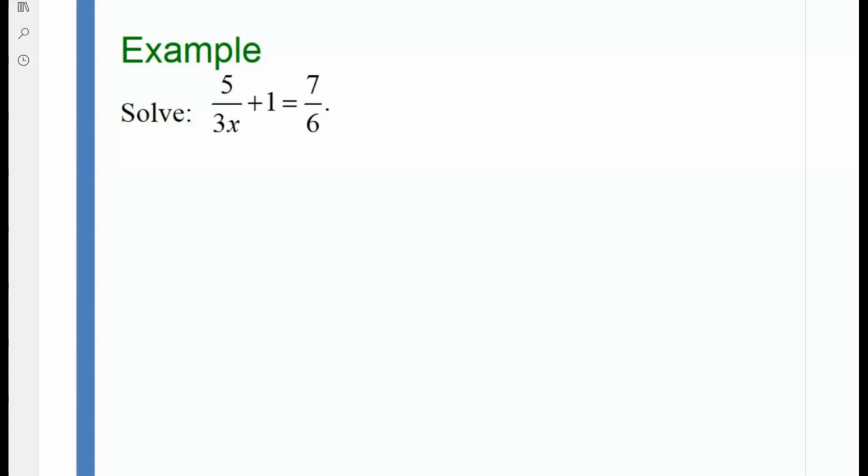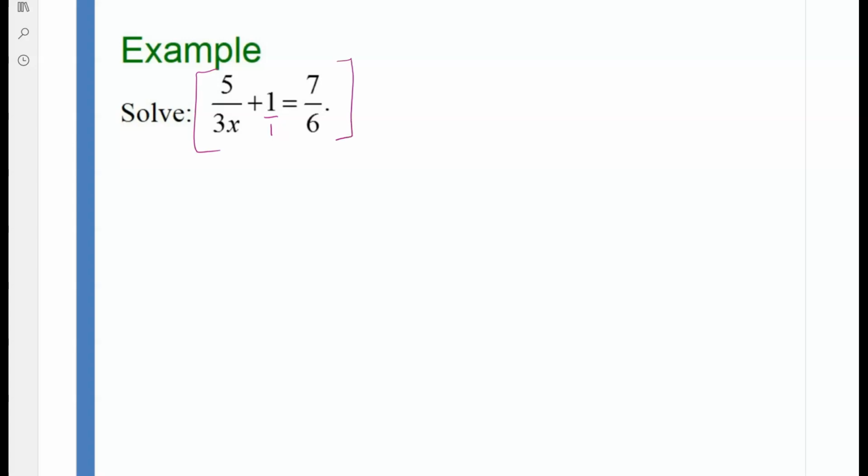So the thing we want to multiply by is the least common denominator. Now any common denominator of all the terms in the entire equation will work. But we want the least common denominator because that's going to require the least amount of work to simplify in the end. Okay, so to get the least common denominator of 3x and 1 over 1, so 1 and the 6, we need to think about all the factors, right?